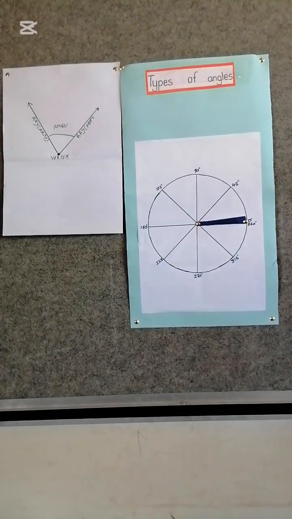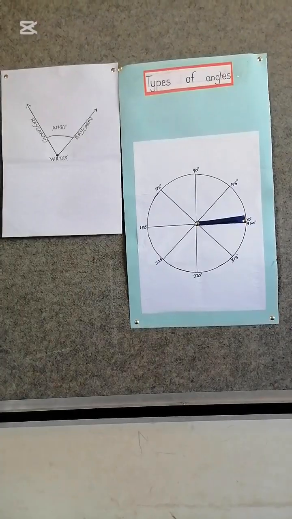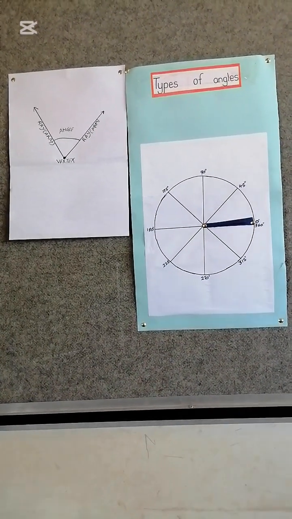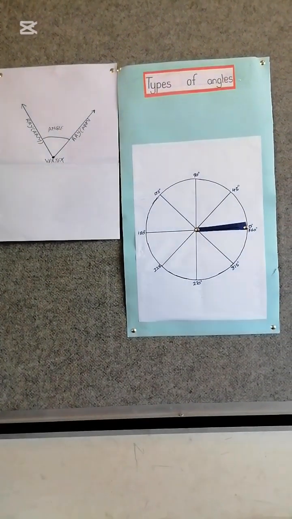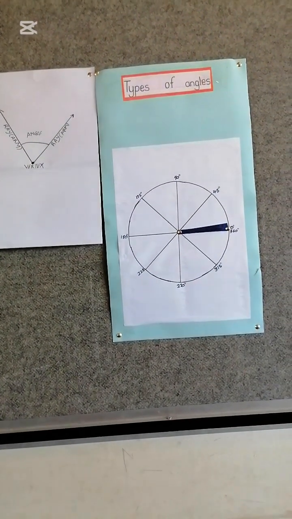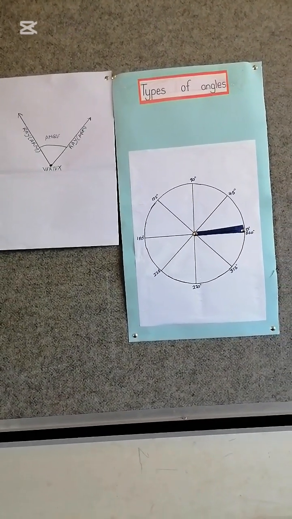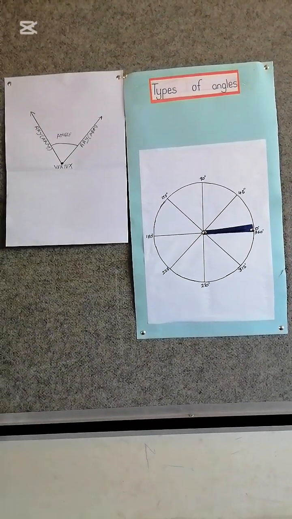But before we go, let's check where we can use these angles in real life situations, because I believe that most of the things that we learn in school, we also have to apply in real life situations. Angles are crucial in various fields like architecture.